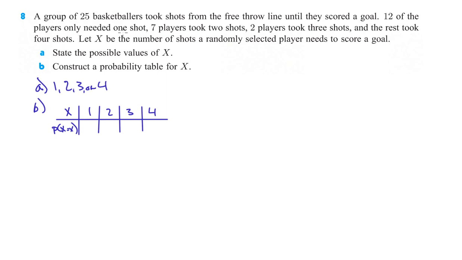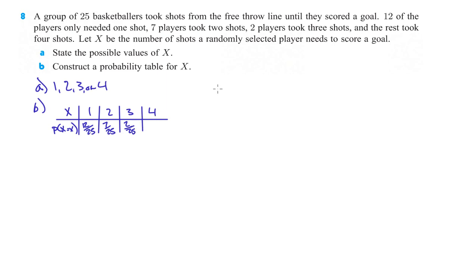Okay, so we know that there's 25 total. 12 of the 25 players needed 1 shot, so I'm going to do 12 over 25. And you can, again, come up with a decimal if you want, or just leave it as a fraction. For 2, 7 players took 2 shots, so 7 out of the 25. 2 players took 3 shots, so 2 out of 25. And it says the rest took 4 shots.